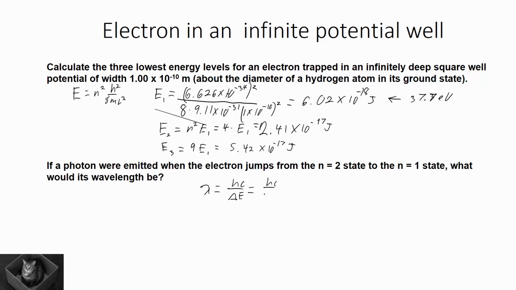So that's hc over E2 minus E1. And we could go ahead and plug in the E2 and E1 because we already found them. Or we could say, well, E2 was just 4 times E1, so I'm going to have 4 times E1 minus E1. So this will just be hc over 3 times E1, which gives us 1.1 times 10 to the negative 8th meters. Alright, there you go.